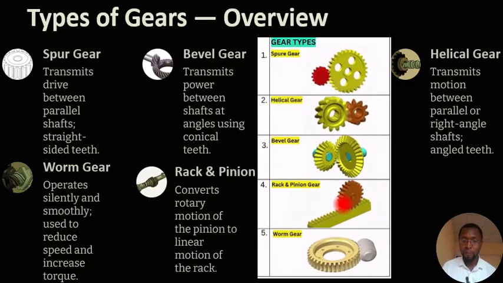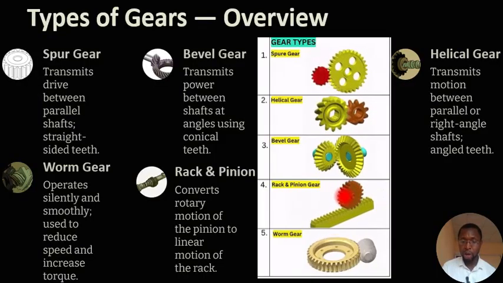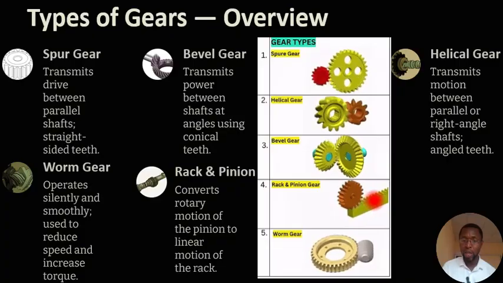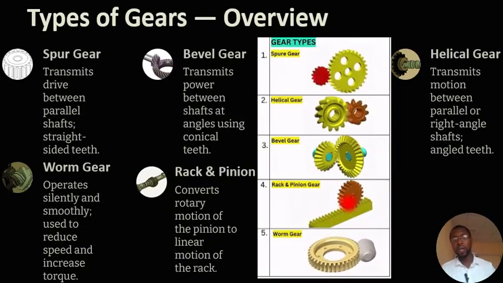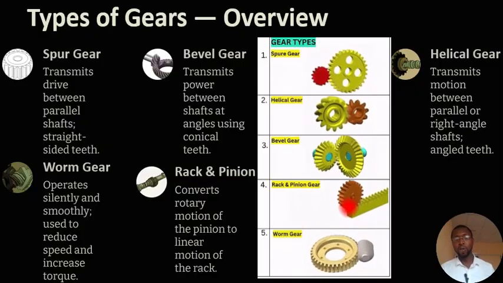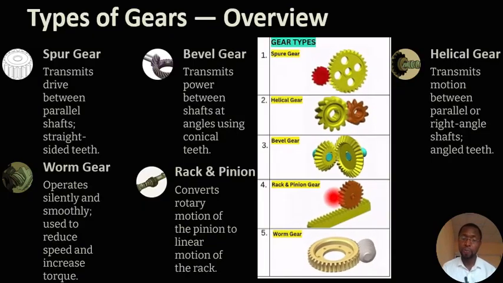So in here, the pinion, which is the circular part, its motion is being converted to linear by the rack that is moving this way, left, right. So that's what we refer to as the rack and the pinion gear. It converts rotary motion to linear motion.